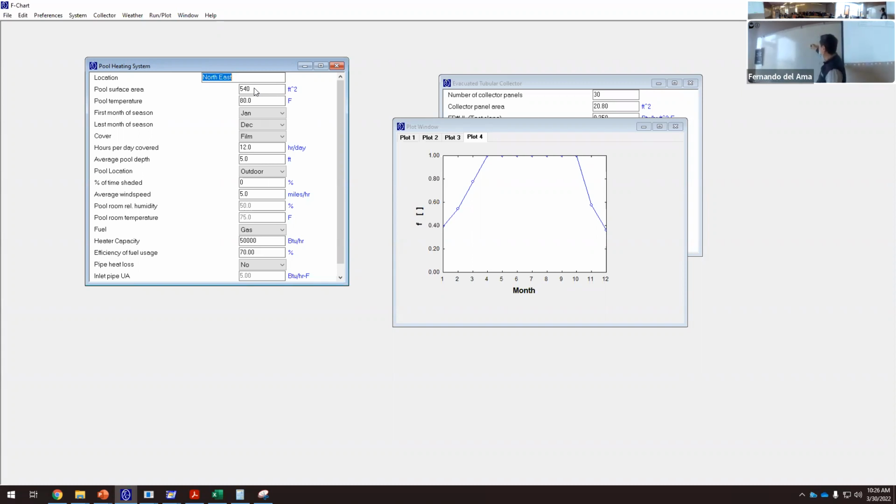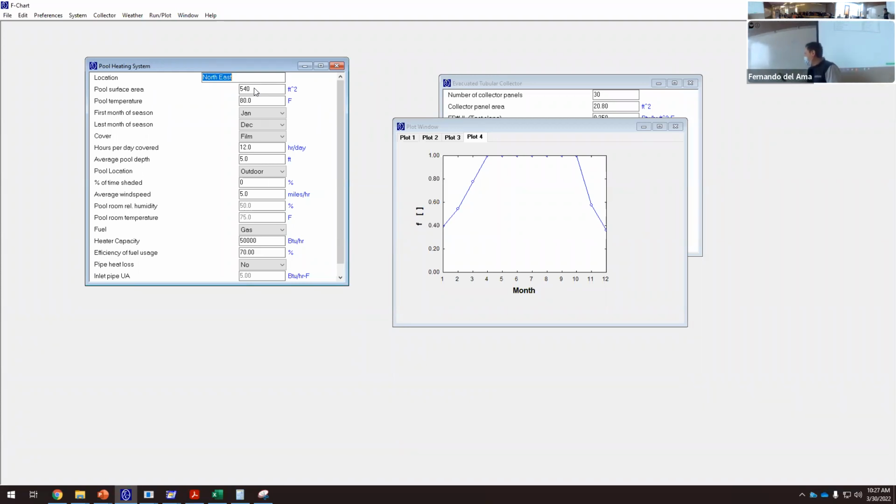If the outdoor temperature is 90 Fahrenheit, we are gaining heat. But throughout the day, from 60 to 90, it's something common here. Okay, so sometimes we will be gaining energy from the sun or from the outdoor temperature, and sometimes we will be losing energy.